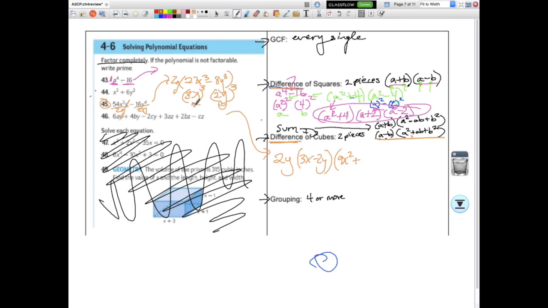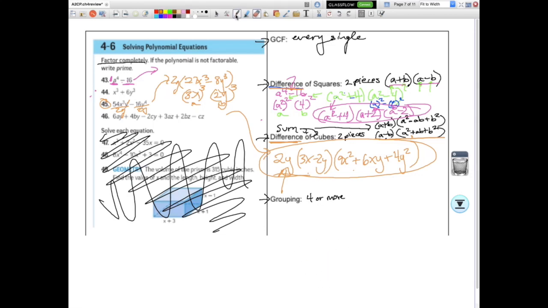Then I'm going to add a times b, so 3x times 2y, which is 6xy. And then lastly, I'm going to put a plus, and b squared, so 2y times 2y, or 4y squared. I am done. So I did both GCF, and then this was a difference of cubes.